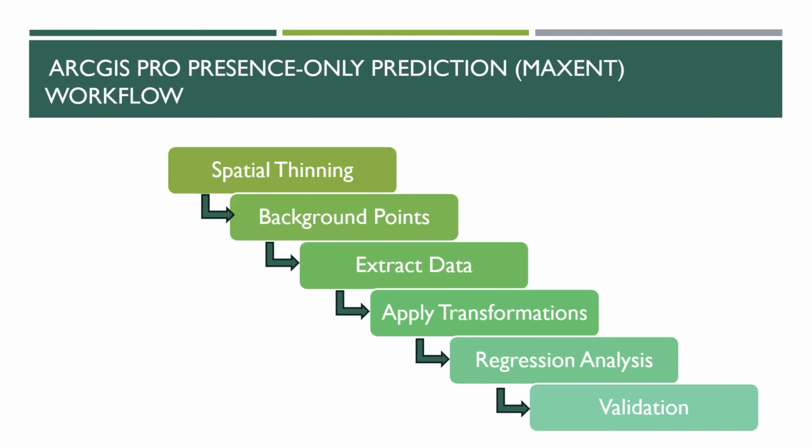Now, running the tool initiates a whole series of steps. First being spatial thinning as applied to the species observed data points. Spatial thinning is the use of a defined nearest neighbor distance to dictate how close two data points can be by reducing the number of data points within the defined distance specified by the user.